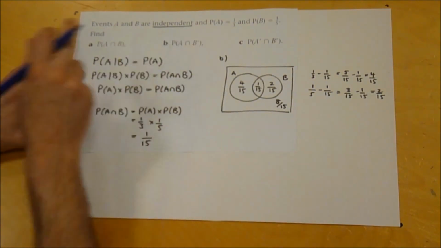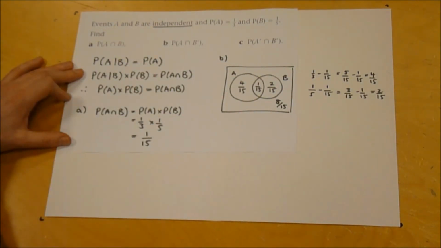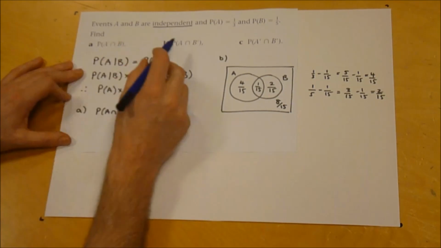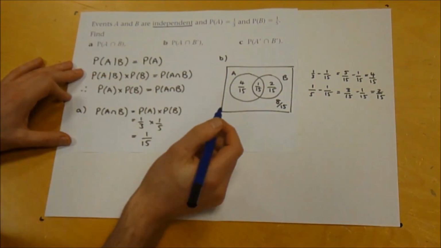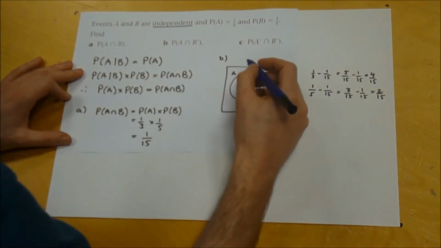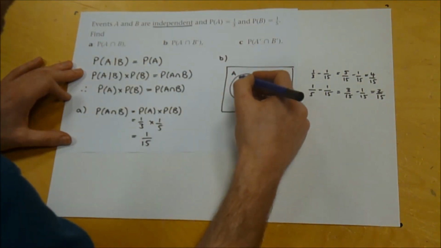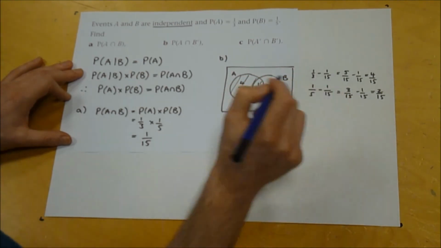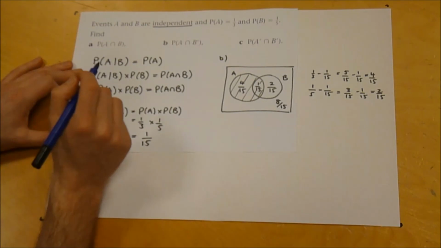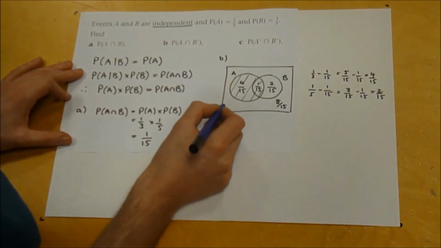Right, well now we're in a position to be able to answer this question. It's asking us what is the probability that we're in both A and not B. Well, this is where we use our shading. So let's shade A. That looks like that. And now let's shade not B, going the other way.